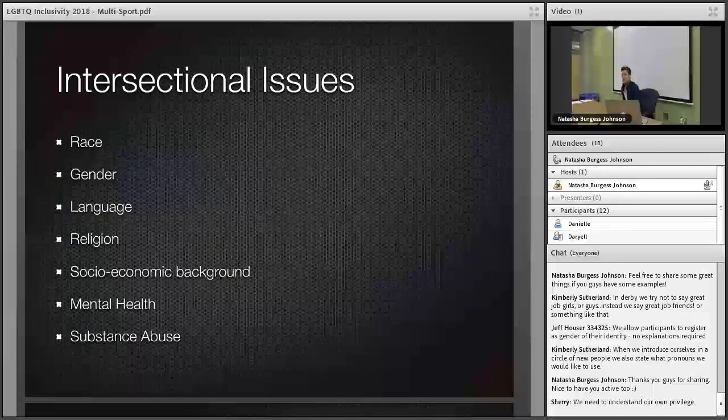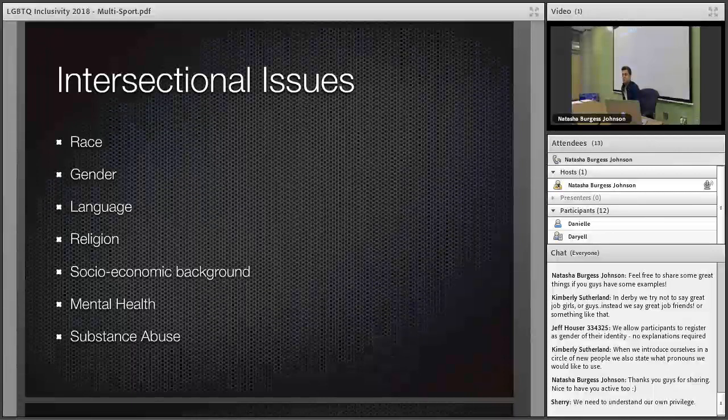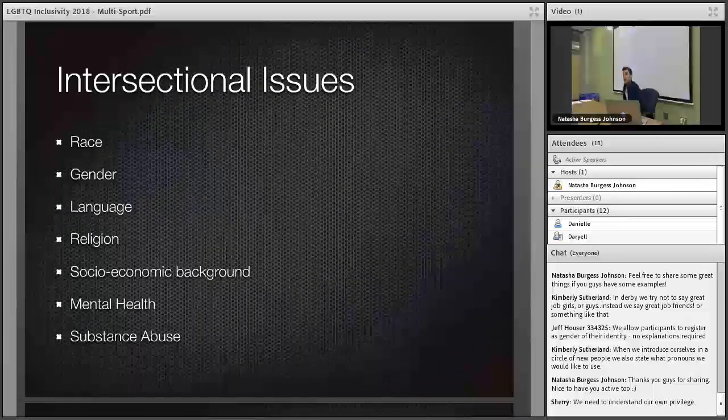So even with a session like this, it's great for us to educate ourselves a little bit. I'm far from an expert in any of this, but it's important for us to understand that we don't have to be experts. Sometimes you don't know the right term, but you've got to be an ear, and help them if they need to be pointed in a different direction, so that you have that information.